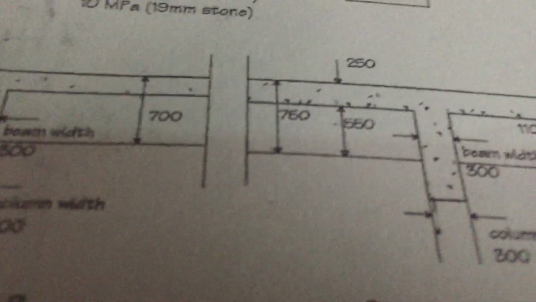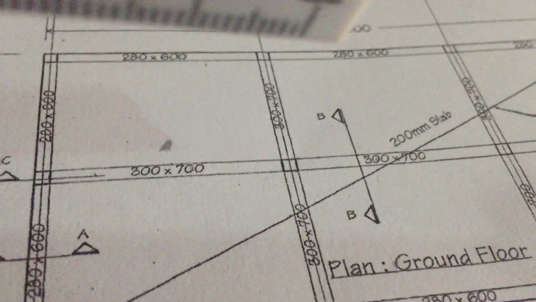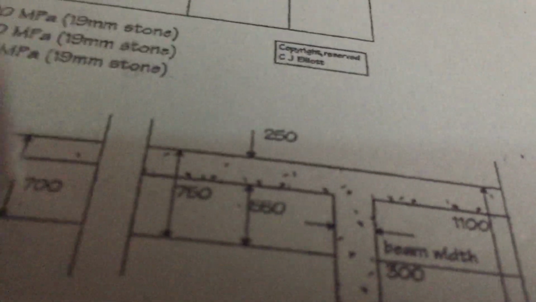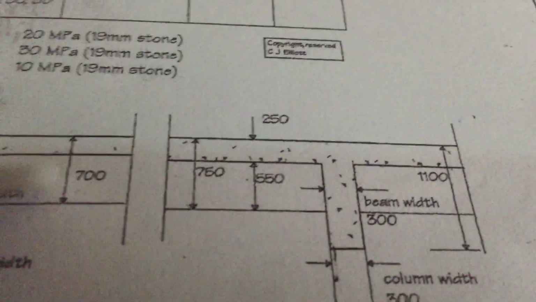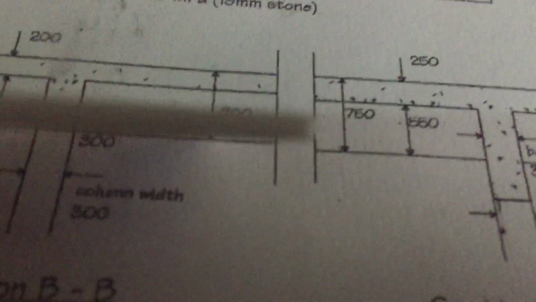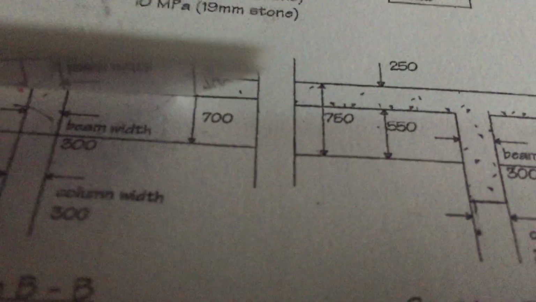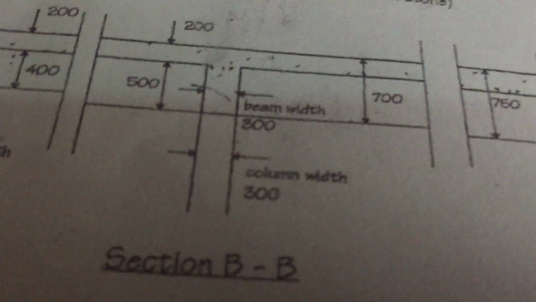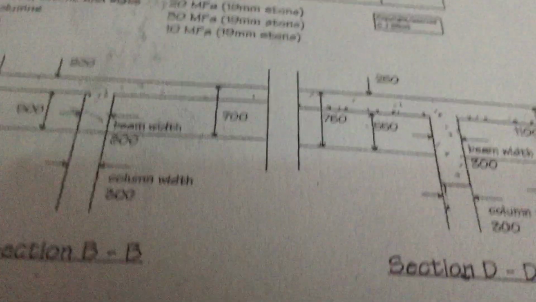But if you look at section BB, you would realize that the height is 700, which means the size of the column is going to differ, because if this brown beam and the base is 700 and this is 600, then obviously the difference is going to be noticed on the columns.